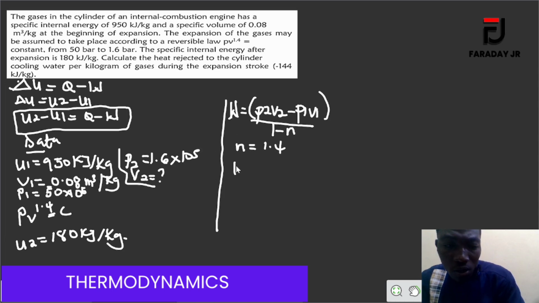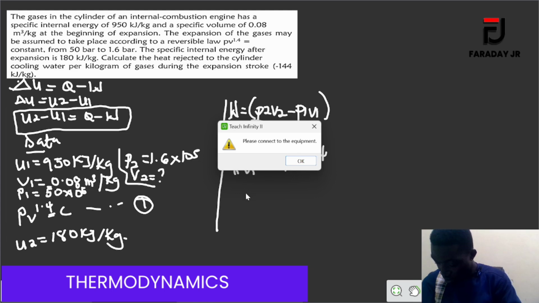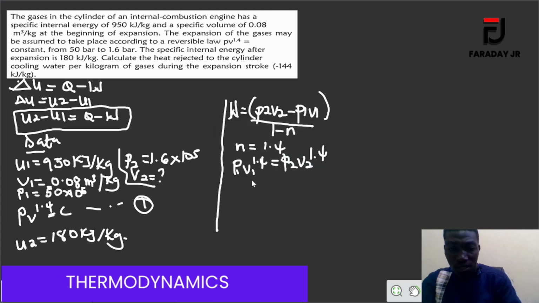We know that the law is PV exponent 1.4, maybe call it equation 1. So we have P1 V1 exponent 1.4 equal to P2 V2 exponent 1.4. We are looking for V2, so P2 V2 exponent 1.4 is equal to P1 V1 exponent 1.4.